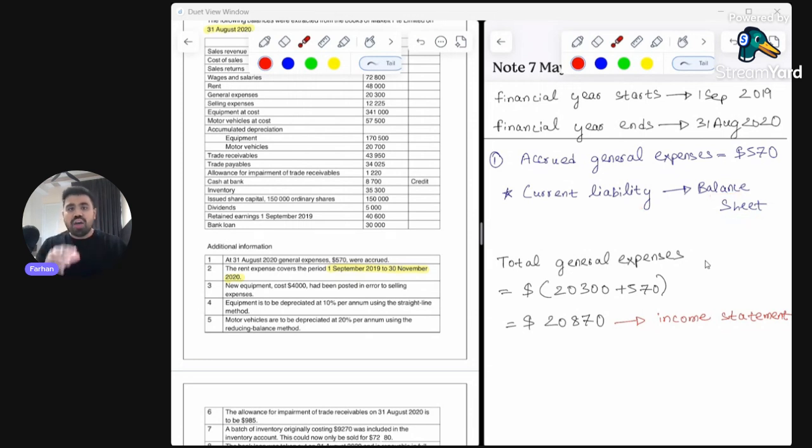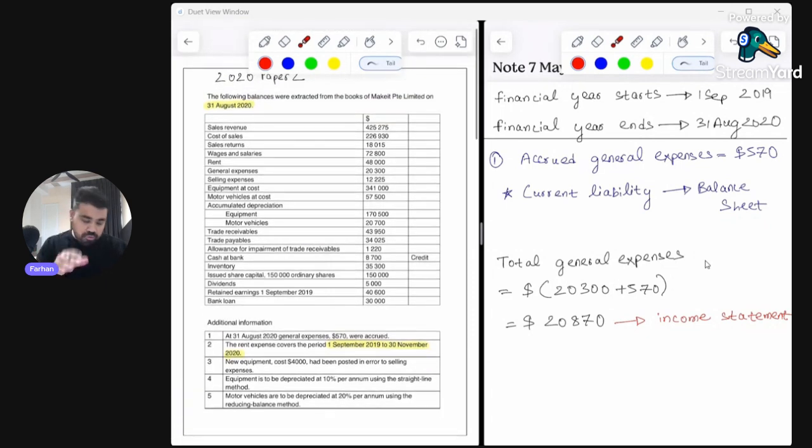Now, this $570 of cost or expenses which we have incurred belongs to the current financial year ending 31st of August 2020. If you look into the list of balances which we are provided originally, you will see general expenses is given at $20,300. But this balance does not include the accrued general expenses of $570 that we have incurred at the end of the financial year.